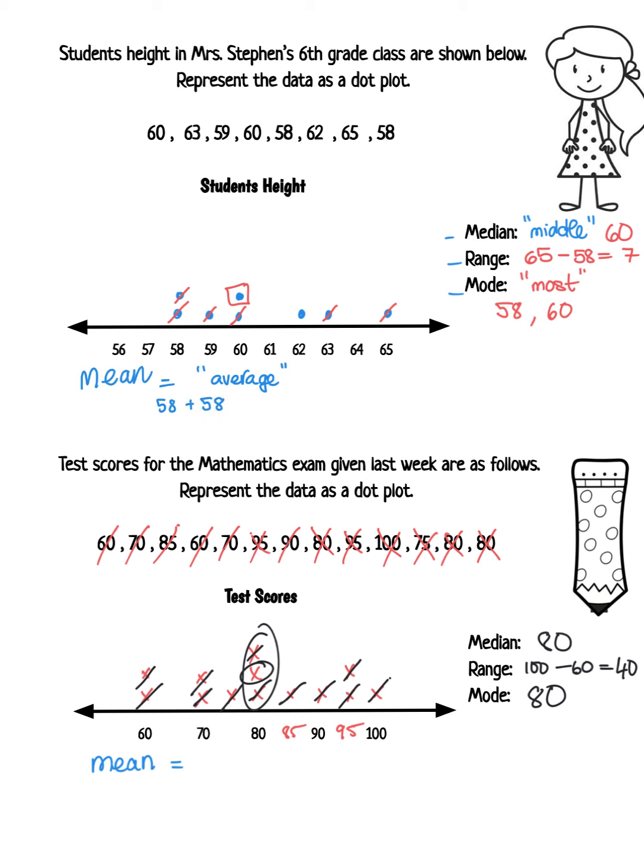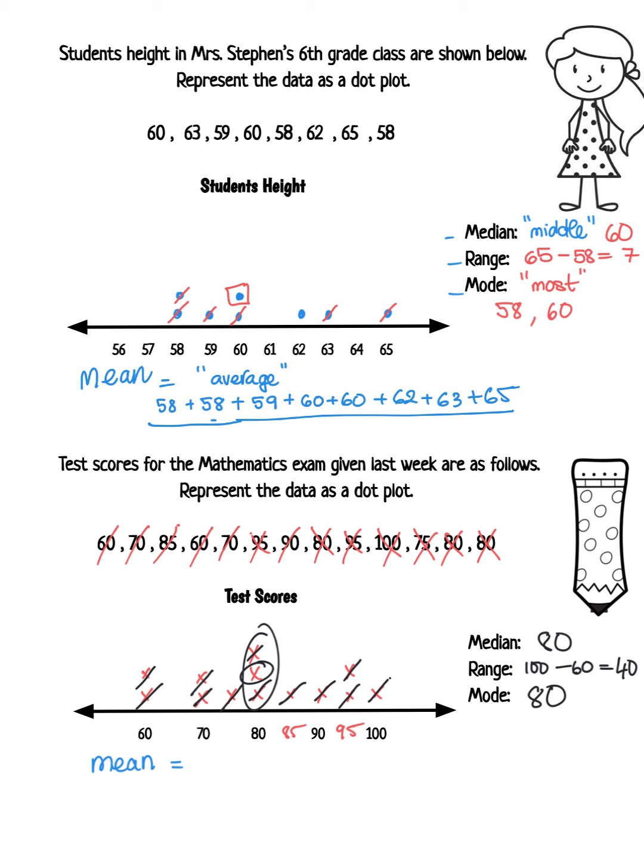59, just one. 60, we have 2 of them. 62, 63, and 65. Some of them are repeated, so make sure you repeat them. And we're going to divide by how many there are.